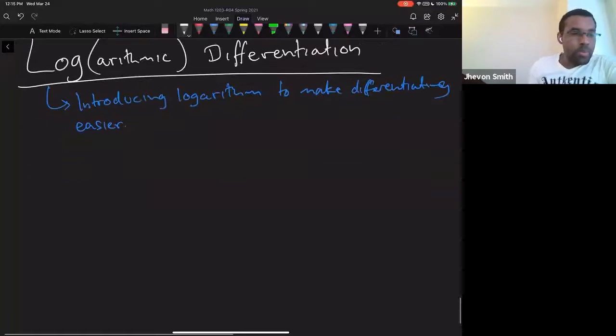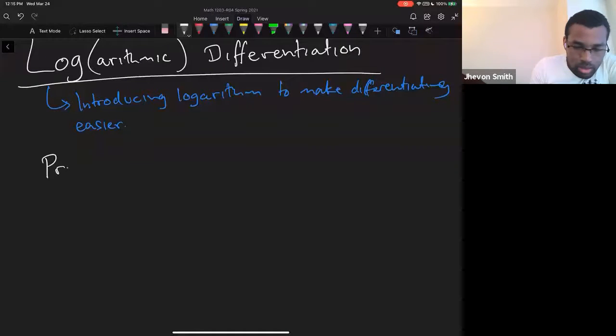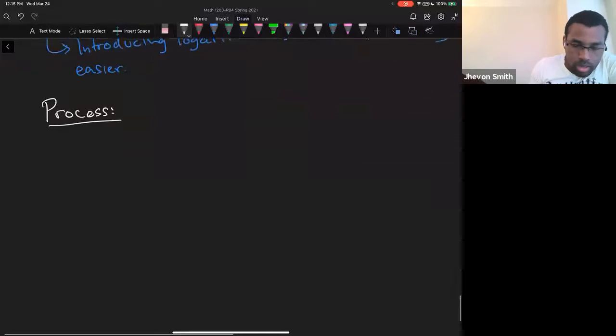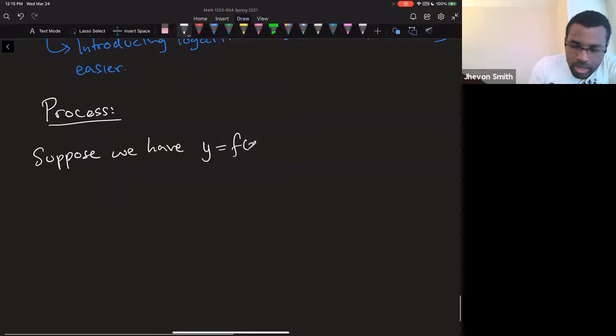So here is the process. Suppose we have y equals f of x, and we want y prime.